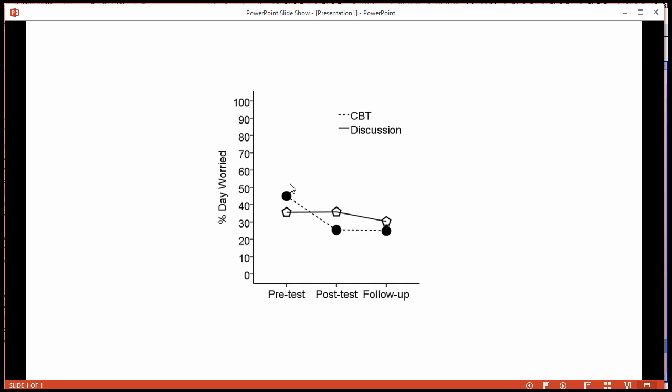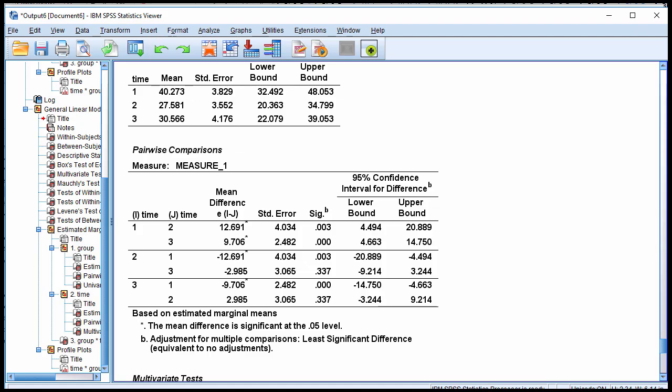So to do that, I can do a series of 2 one-way within subjects ANOVAs, one for the discussion group and one for the CBT group. And if they're both statistically significant in the same direction, then I could interpret the significant differences that I found in these post hoc multiple comparisons.